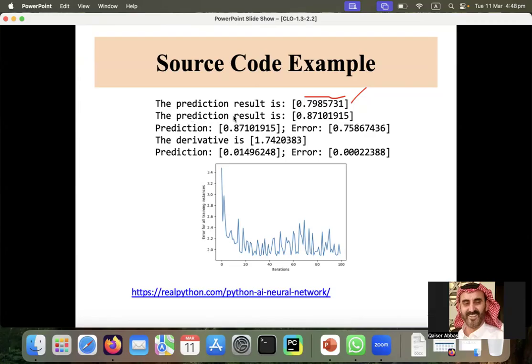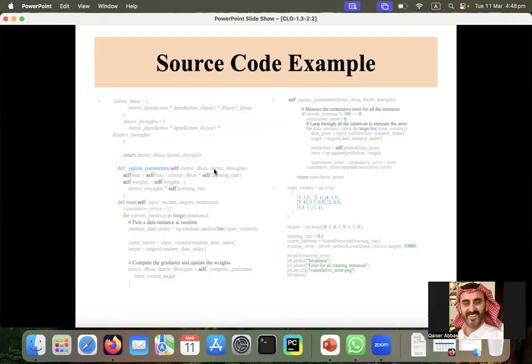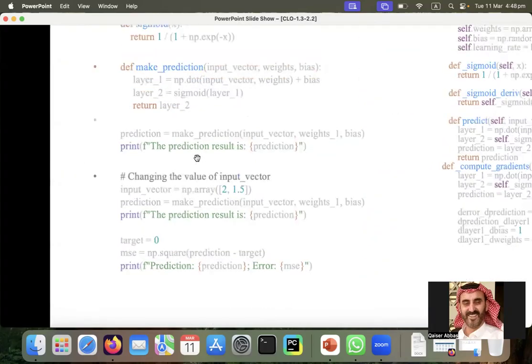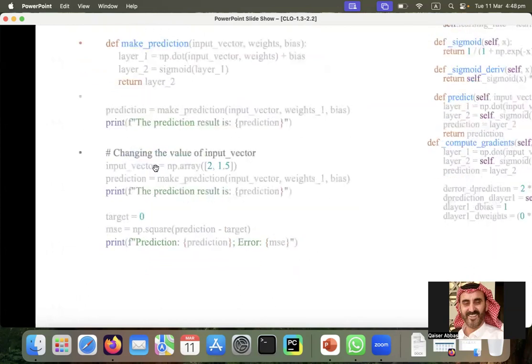Now the other line, prediction result is 0.87. Let's see this in the source code. Here we are changing the inputs. Now we are giving another vector, which is 2, 1.5, and then we call make prediction.